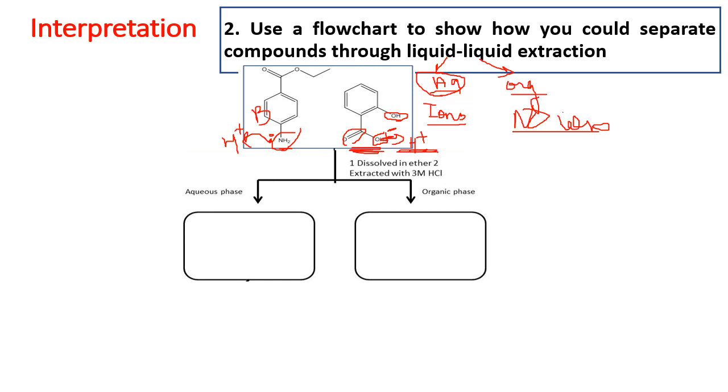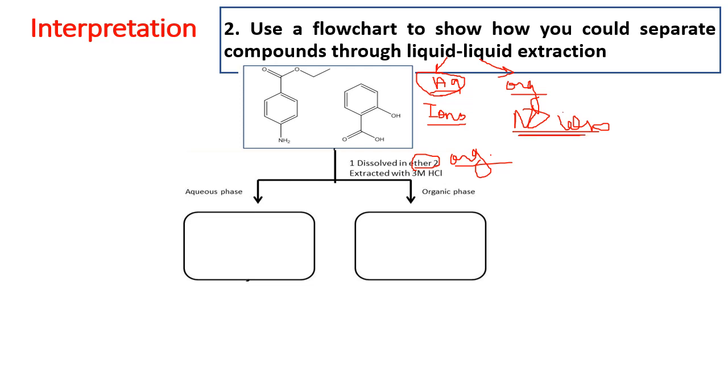Okay? Then, what will happen if we have those two structures and we need to separate them? What about, first, we will dissolve both of them into ether. The ether constitutes what? It constitutes the organic layer. So within the organic layer, everything will be soluble because till this stage, both of them are non-ionizable.